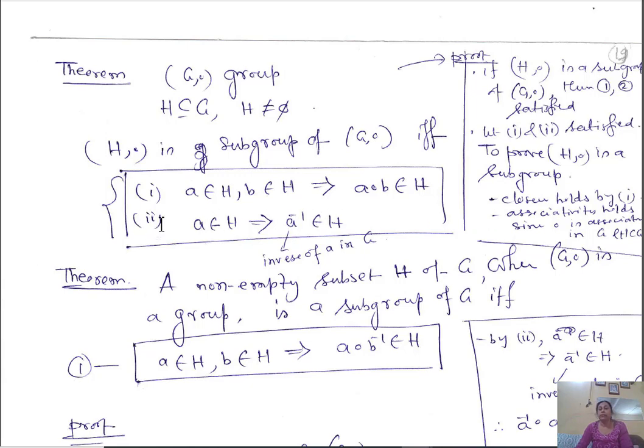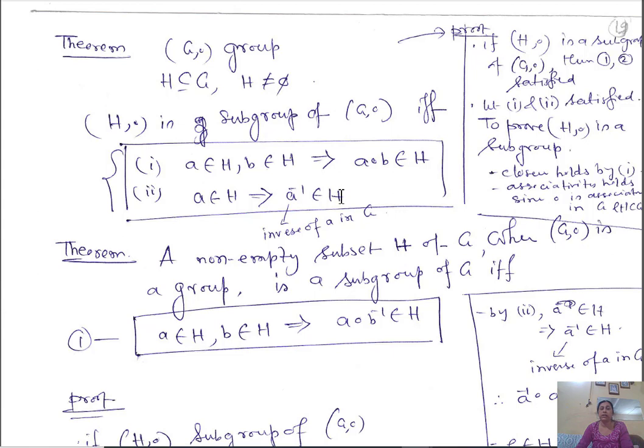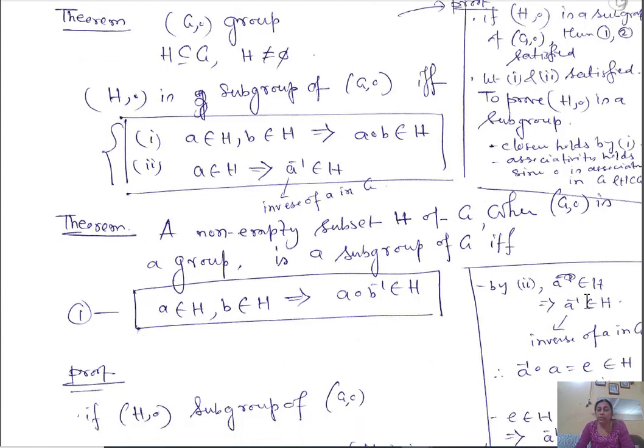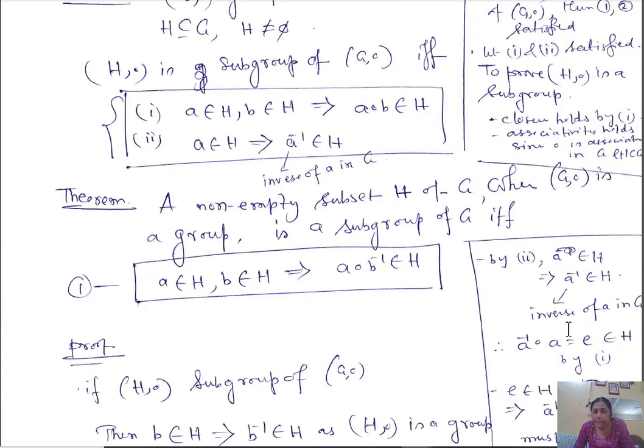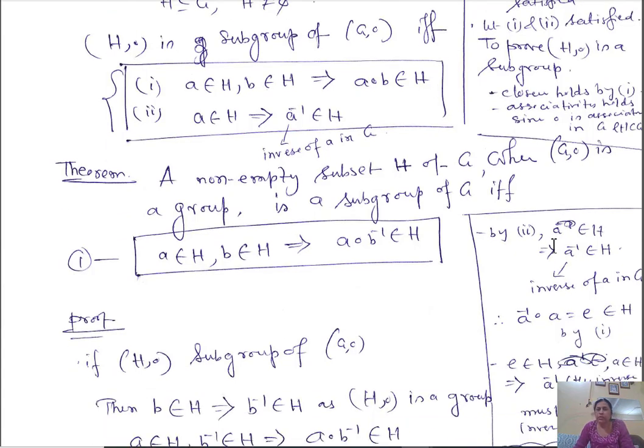Now, identity element. Okay, so the inverse element exists by this result. And for the identity element, a ∘ a inverse equals a inverse ∘ a equals e.